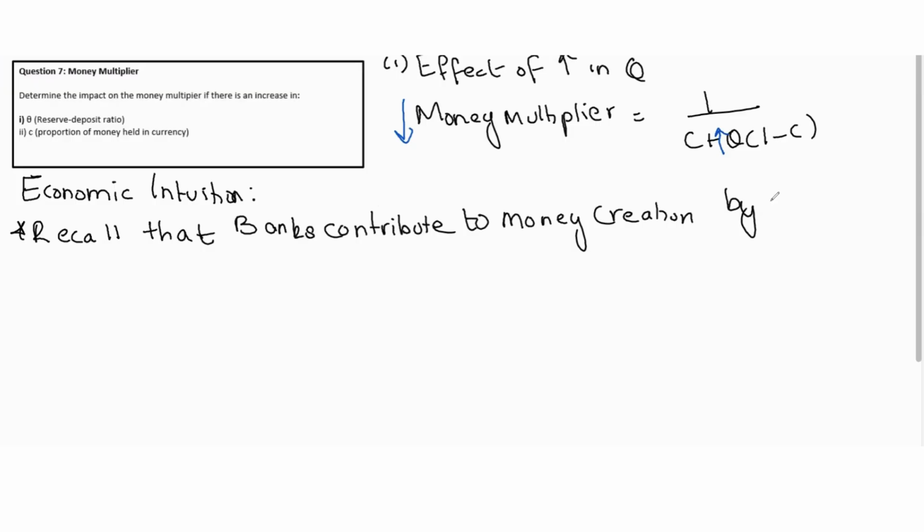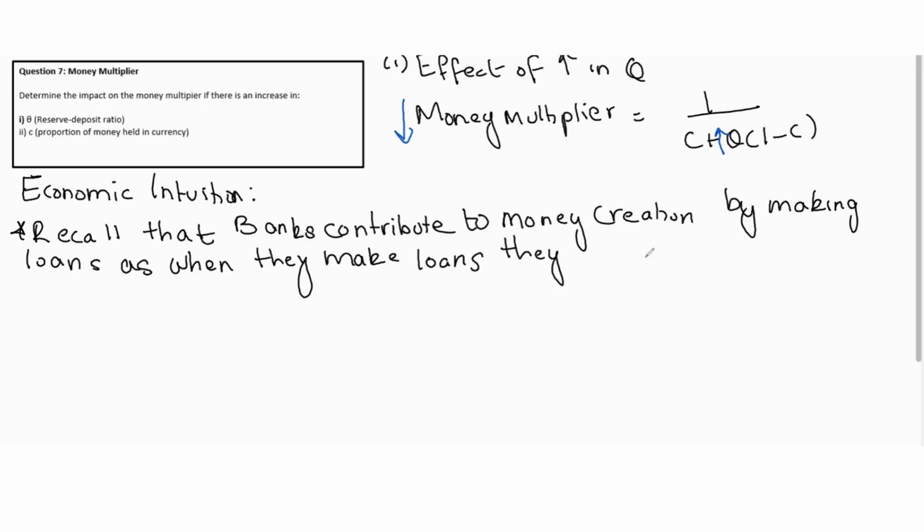They do it by making loans. When they receive deposits, a certain part they keep as reserves and the rest they loan out.